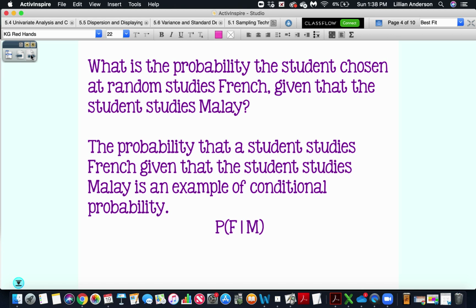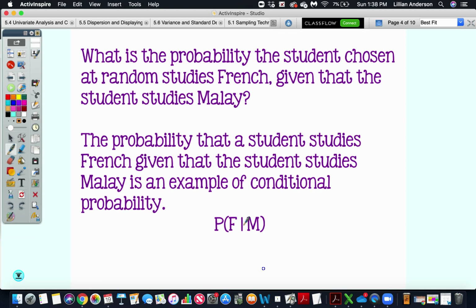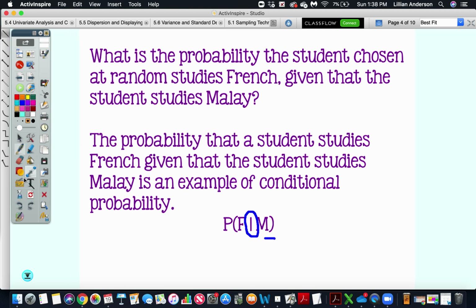Now, this particular wording is an example of conditional probability, and that's what you see in the notation at the very bottom, probability F line M. This line right here indicates conditional probability, and the part that follows this line, the M, represents the condition.